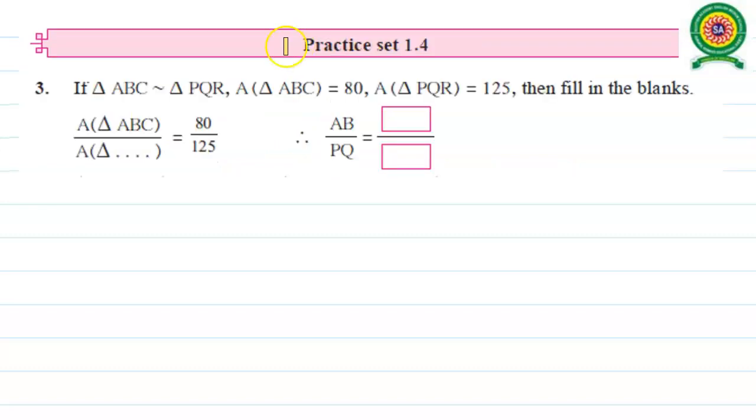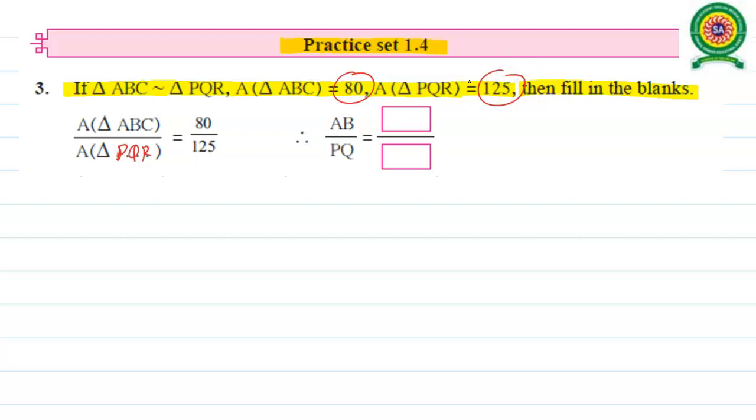Look now at question number 3 from practice set 1.4. If triangle ABC is similar to triangle PQR, area of triangle ABC is 80, area of triangle PQR is 125, then fill in the blanks. As per the ratio of areas of two similar triangles, area of triangle ABC divided by area of triangle PQR equals 80 divided by 125.